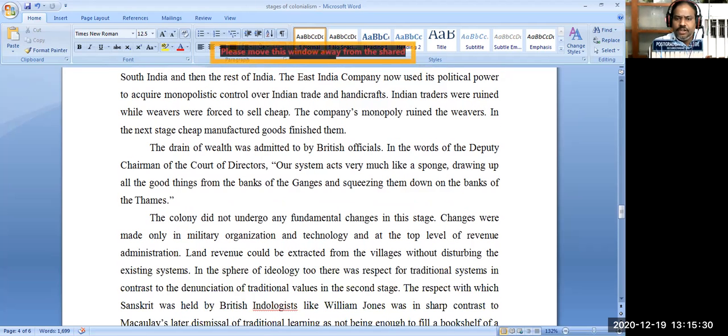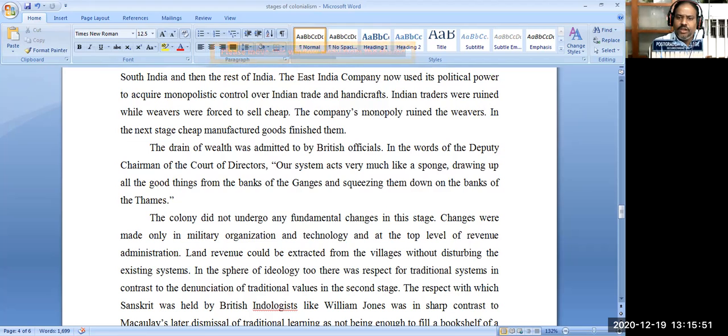So the colony did not undergo any fundamental changes in this stage. Changes were made only in military organization and technology and at the top level of revenue administration. Land revenue could be extracted from the villages without disturbing the existing systems.